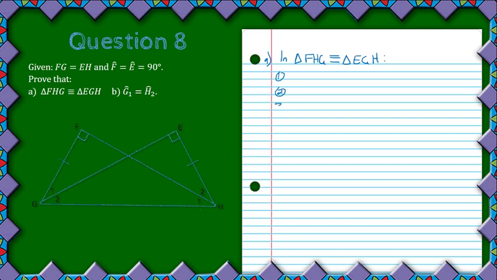So we have three statements, and for the first one we are given that FG is equal to EH, so that was given. Then for number 2 we have that angle F is equal to angle E is equal to 90 degrees, given.